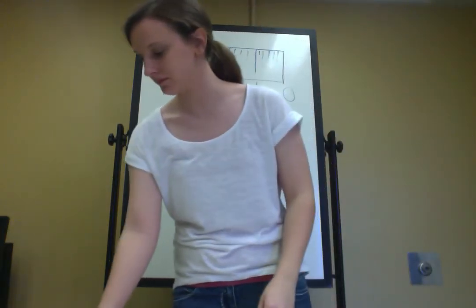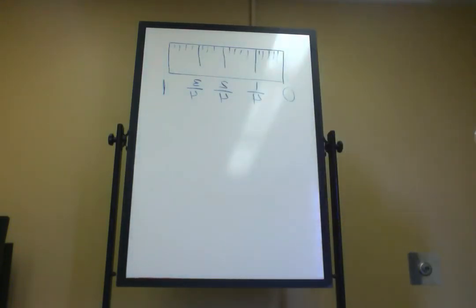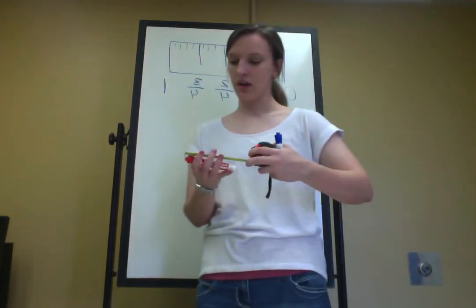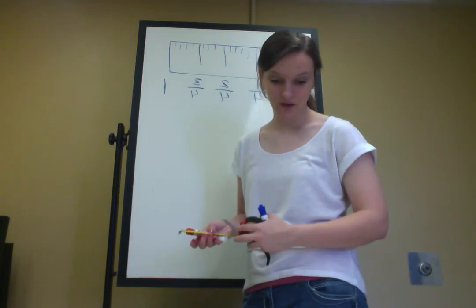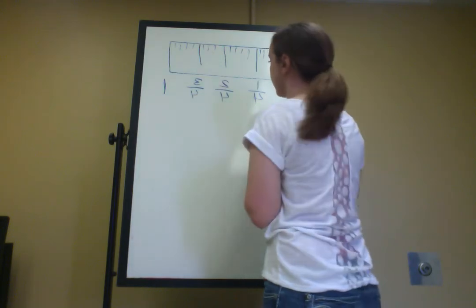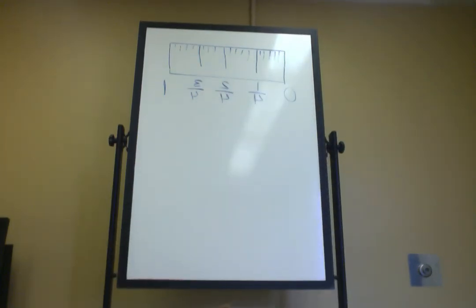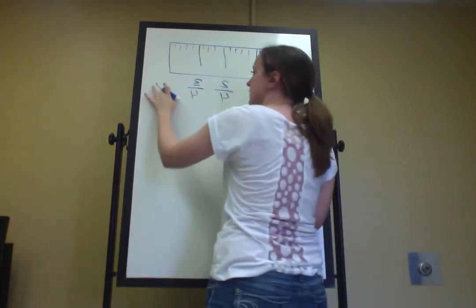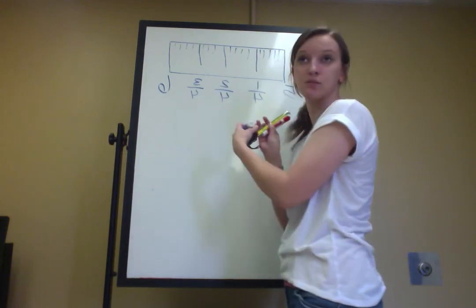Say that I wanted to measure this marker. So if I wanted to determine how long this marker was, I would just put it up against the marker, and it would be 5. It goes all the way to the big 5, so that's our whole numbers. So let's say this was 5, and this was 6, because it goes right in between the 5 and the 6 mark.